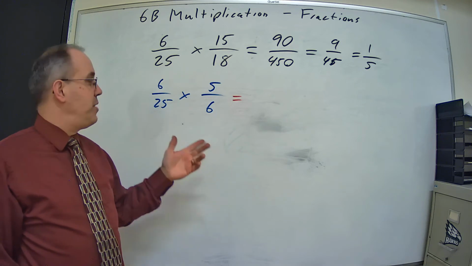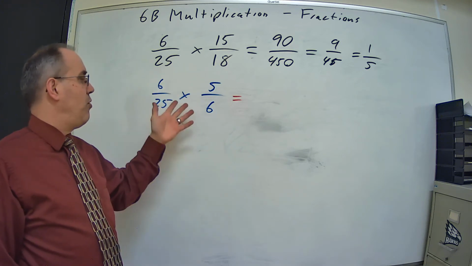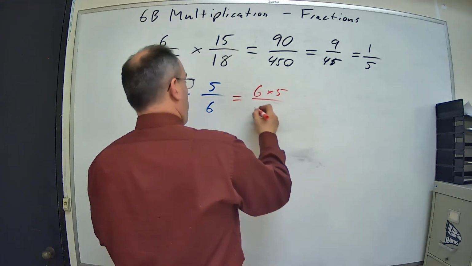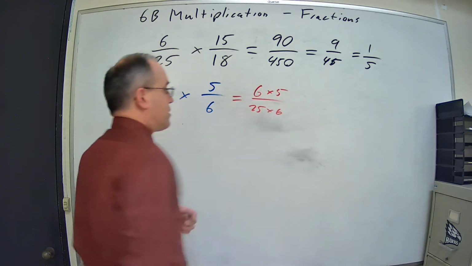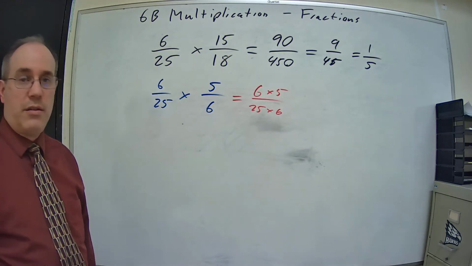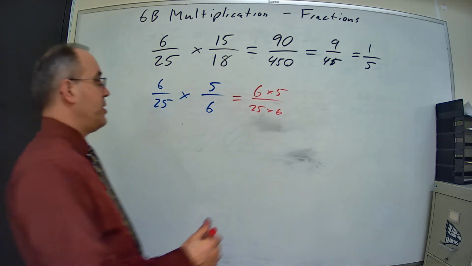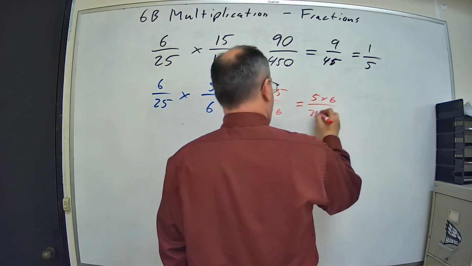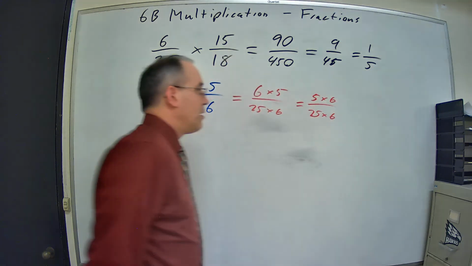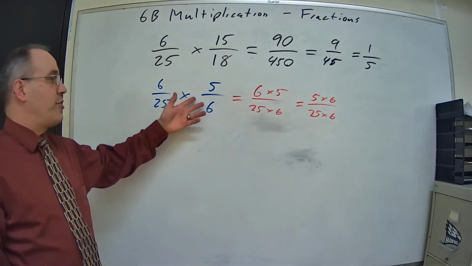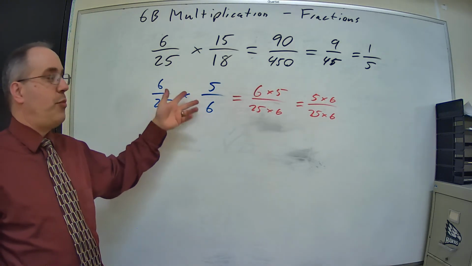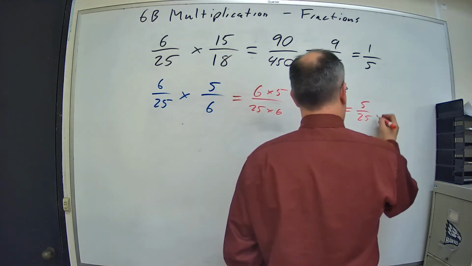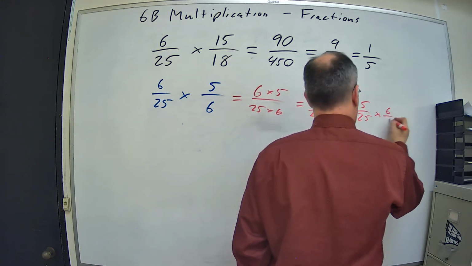So once we do that, isn't this the same as saying 6 times 5 over 25 times 6? And doesn't the commutative property tell me I could rewrite that as 5 times 6 over 25 times 6? And then if I were to reverse this process of multiplication, couldn't I say that's equal to 5 over 25 times 6 over 6?